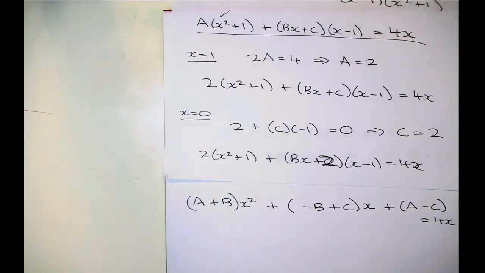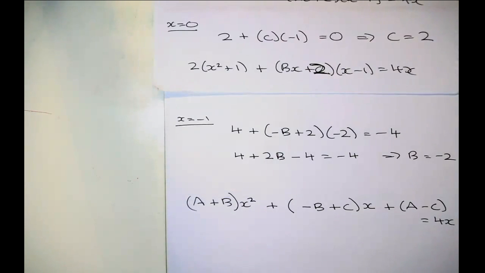Let me just check since I've got everything now. So that's telling you that A plus B's got to be 0 because there's no x squared on the right, minus B plus C's got to be 4, and A minus C's got to be 0. Because technically on the right you've got 0 times x squared plus 4x plus 0. 3 equations in 3 unknowns. I can't be bothered doing that. But if you're doing linear algebra, you want to do it that way, be my guest.